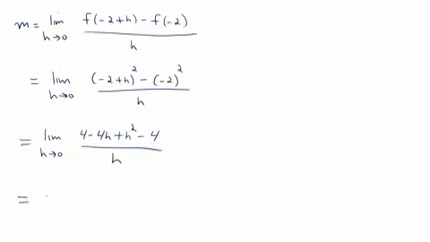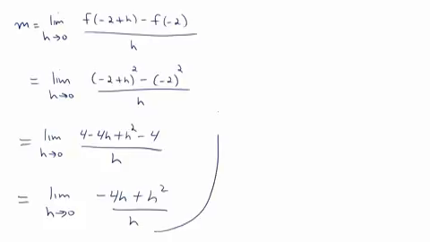One more simplification. We have the limit as h approaches 0. In the numerator we have a 4 minus 4, which makes 0, leaving us with negative 4h plus h squared over h, and that equals the limit as h approaches 0 of, and what will happen next is we'll factor an h out of the numerator, which divides out the factor of h in the denominator, leaving us with negative 4 plus h.